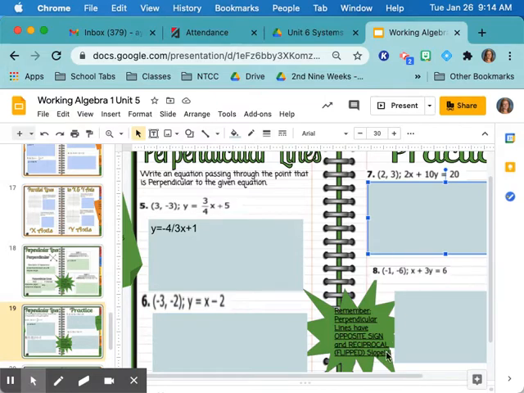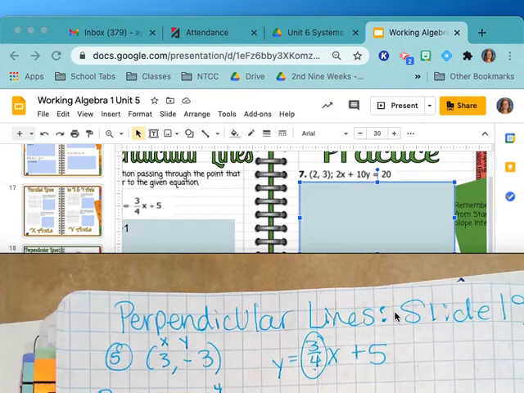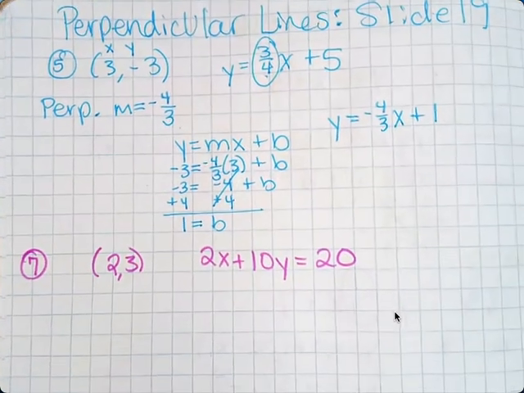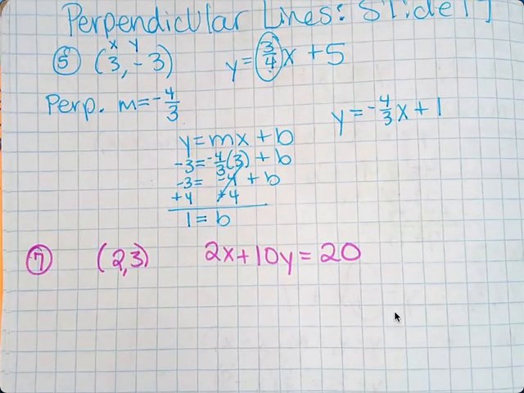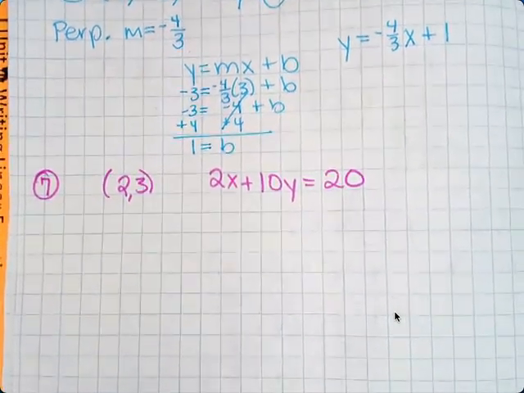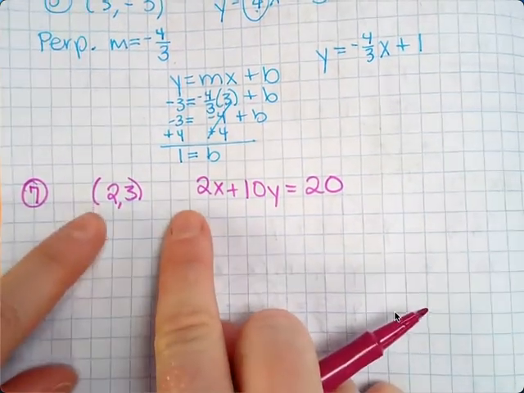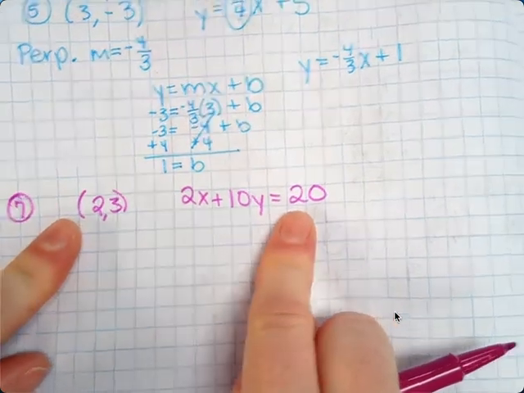We're going to go to 7 now. We're going to skip 6 and go to 7. Write down the information they give us for 7. We're still being asked for the line that goes through this point and is perpendicular to this one.